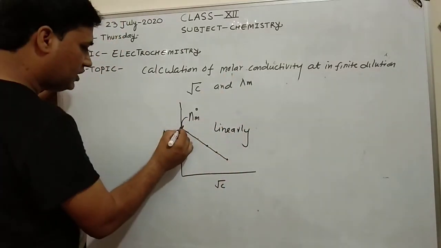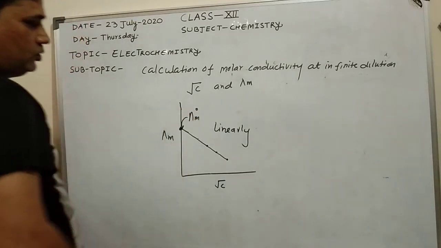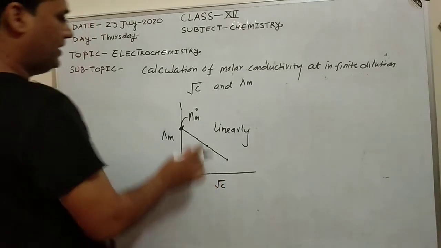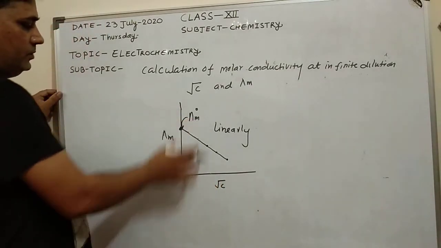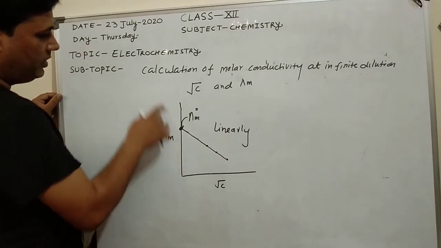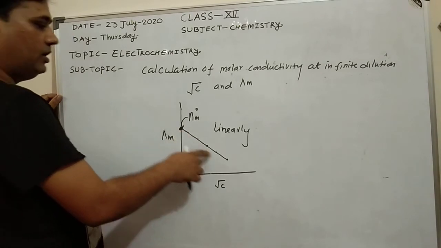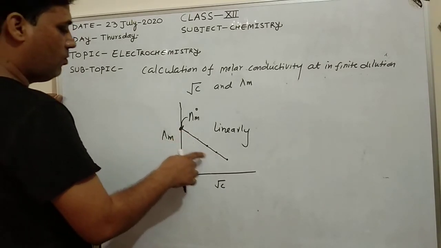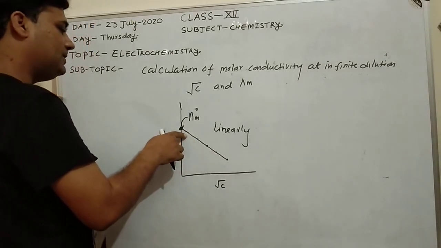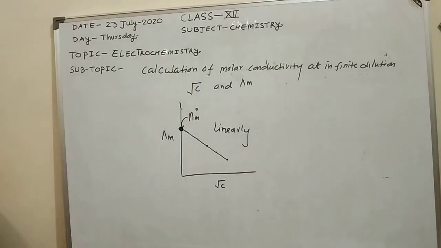So at the intersection point we can calculate lambda m naught, and this is known as limiting molar conductivity.